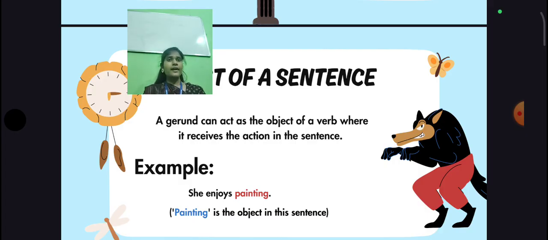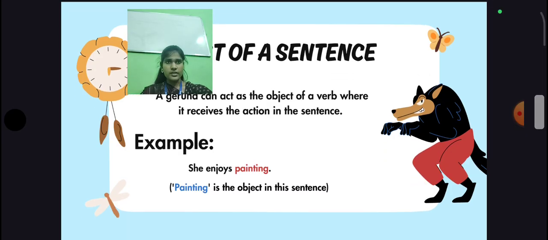When a verb plus ing acts as a noun and comes as an object, it answers the question what or whom, and it is called an object. So she enjoys painting: it acts as an object in this sentence.